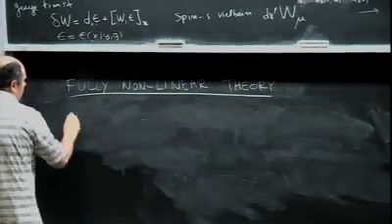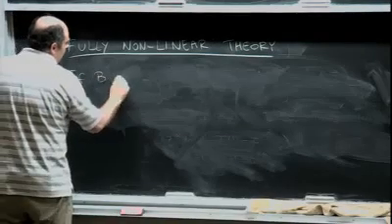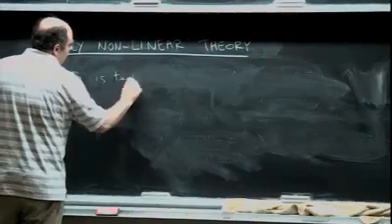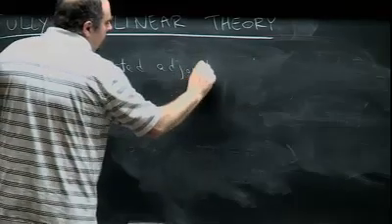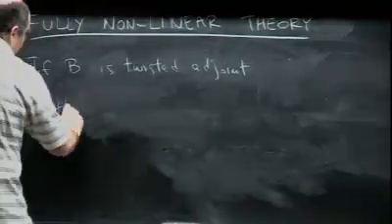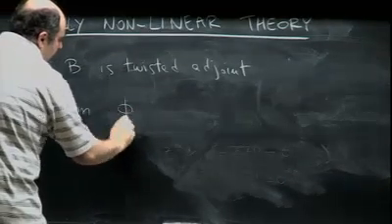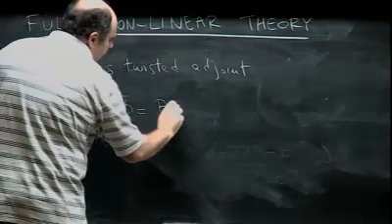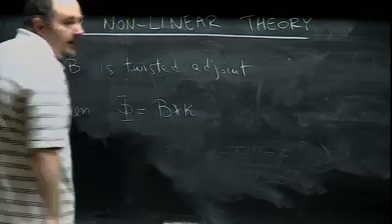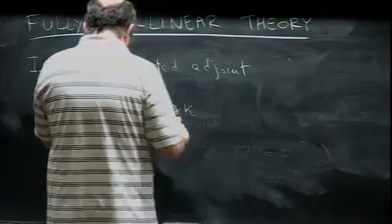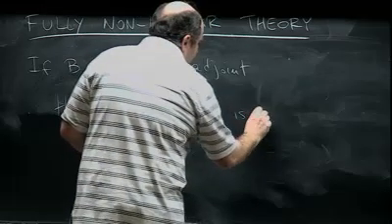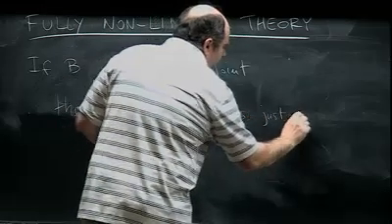So if B is twisted adjoint, then an object phi, which is B star kappa, is just adjoint.